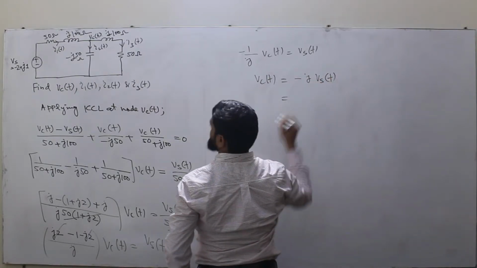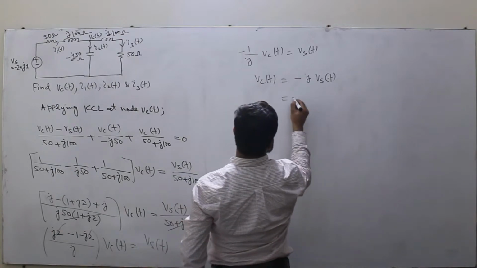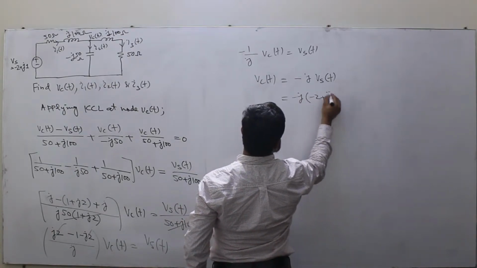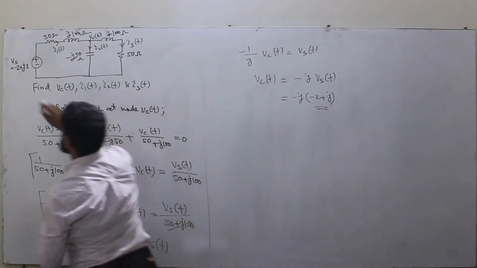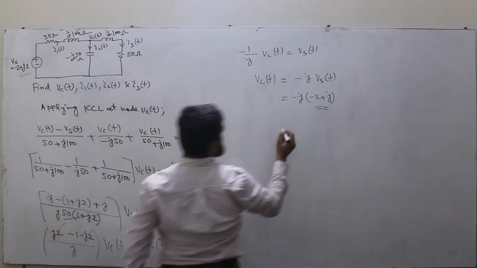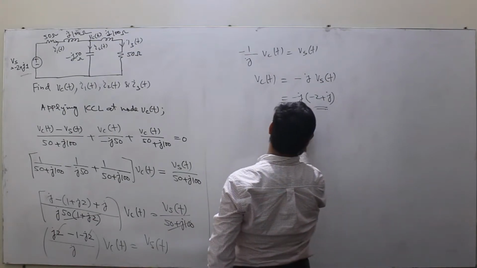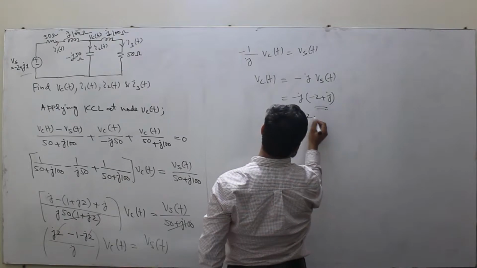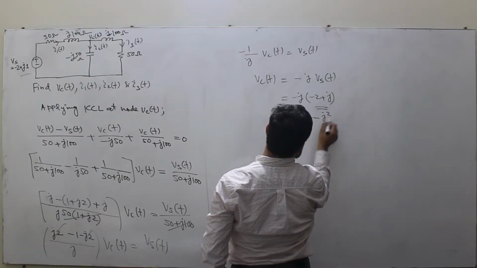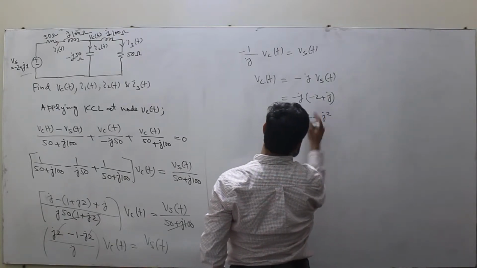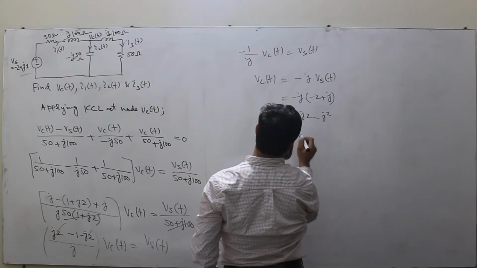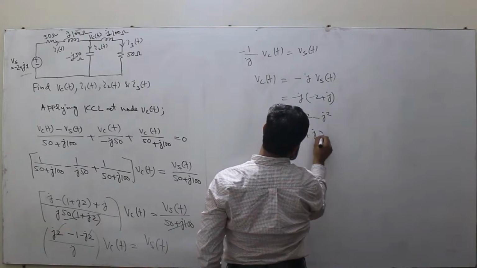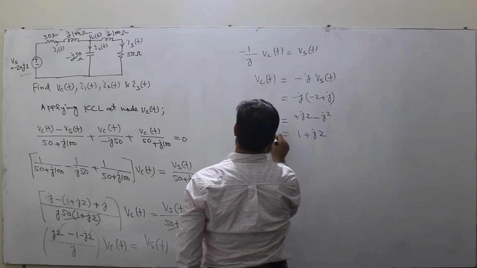We know the value for Vs(t) is given already, minus j into minus 2 plus j. This value is given here. So plus j2 minus j squared, so we have 1 plus j2 as the value for Vc(t).